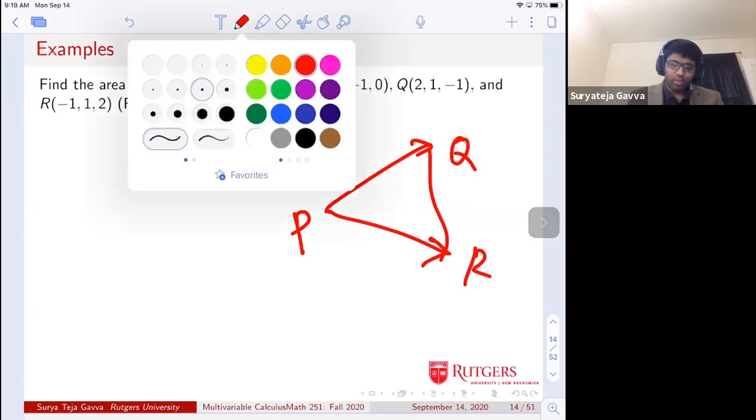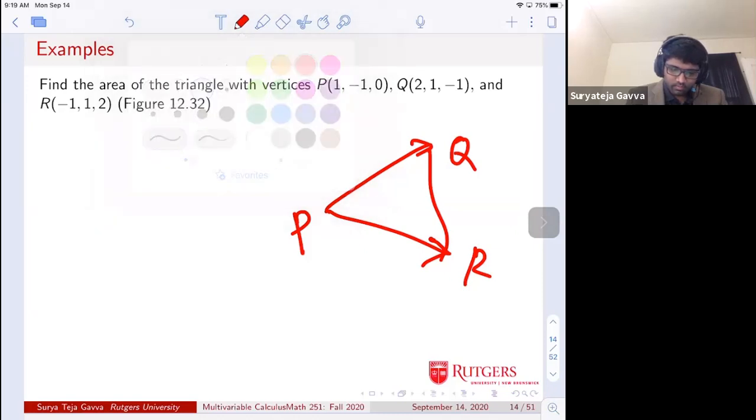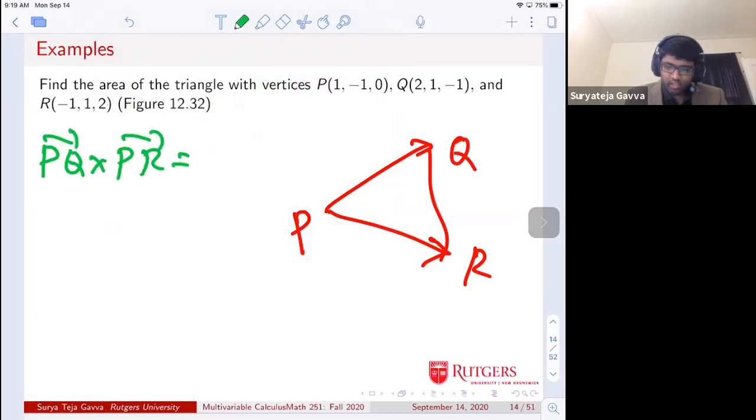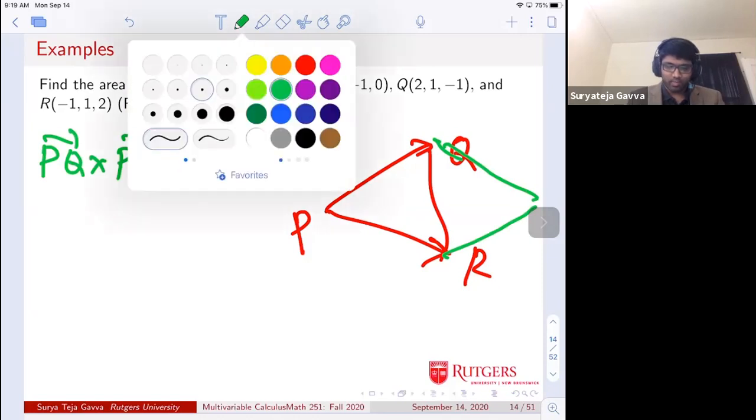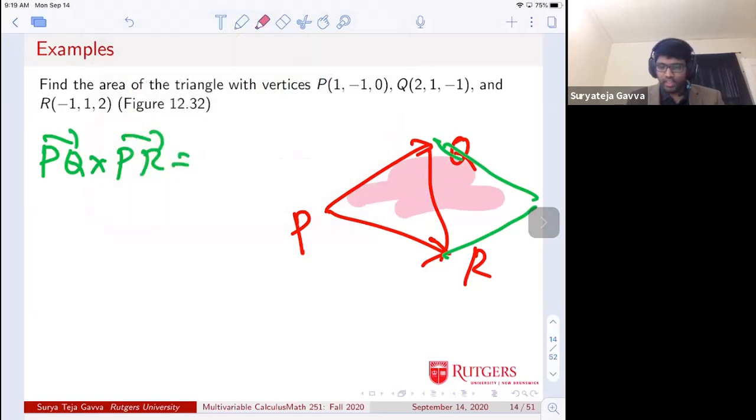Yeah, so if I do PQ cross PR, that is twice the area of the triangle. It's the area of this parallelogram.